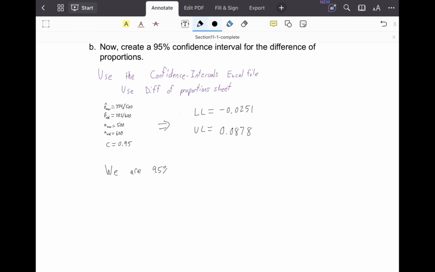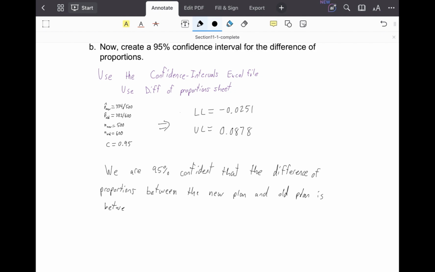We are 95% confident that the difference of proportions between the new plan and the old plan is between, I'm going to write them as percentages, negative 2.51% and 8.78%.